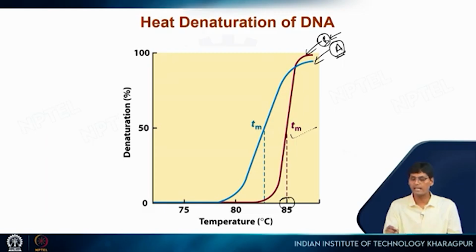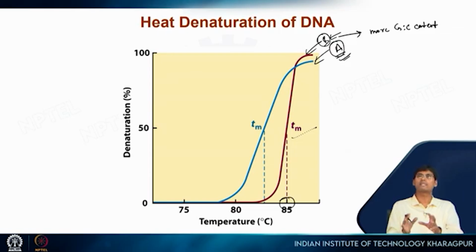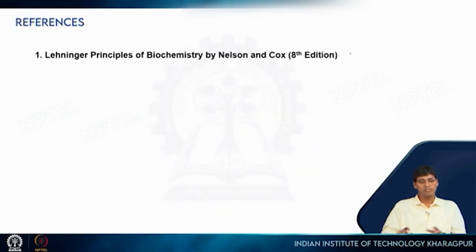So as a result of that, sample B has more GC content compared to A. So that's all. From this experiment, we can talk about their nucleotide composition. And for further reading, you can go through Lehninger's Principles of Biochemistry, an excellent textbook. That's all. Thank you very much.